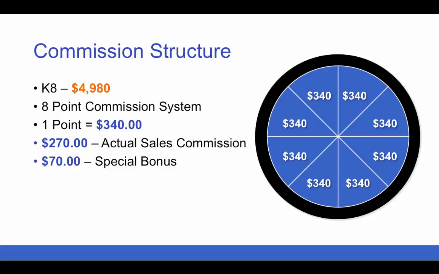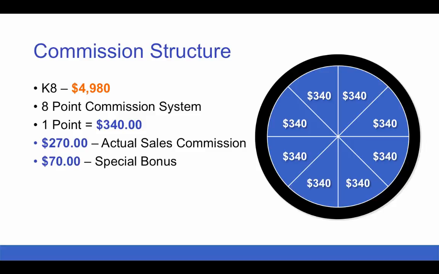So here you have the 8-point commission structure, very similar to the SD501, except the value obviously is a little bit more. Here you have the same 8-point commission structure, $340 per point, which is actually a combination of a $270 actual sales commission with a $70 bonus that's given.